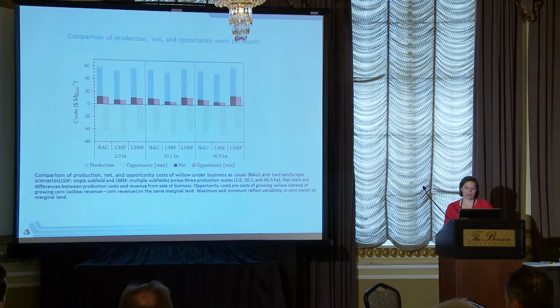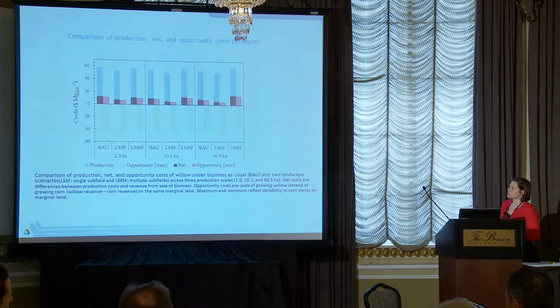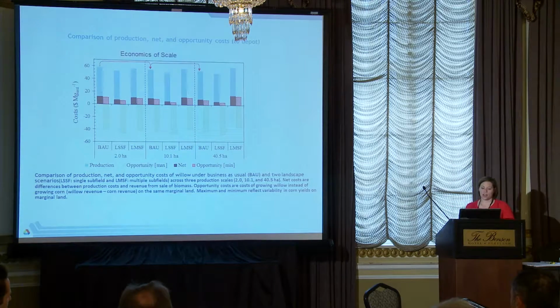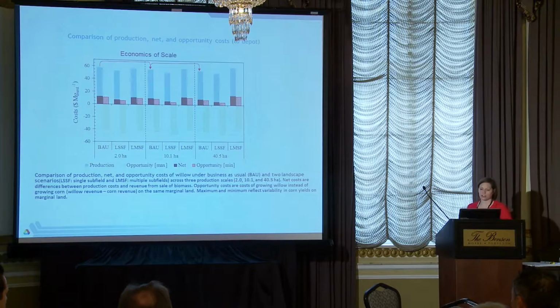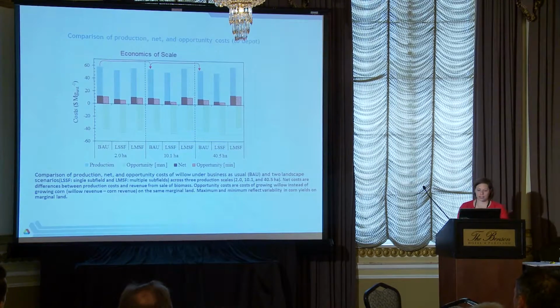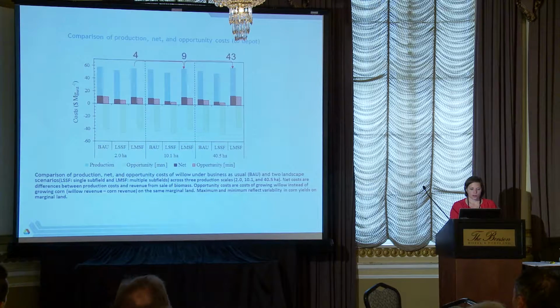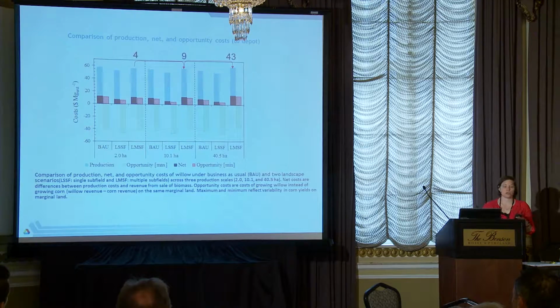So what are the big points that come out of this? Our first understanding is that we have economies of scale: as production scale increases, production costs decrease, as expected. But that's primarily for those single subfields.